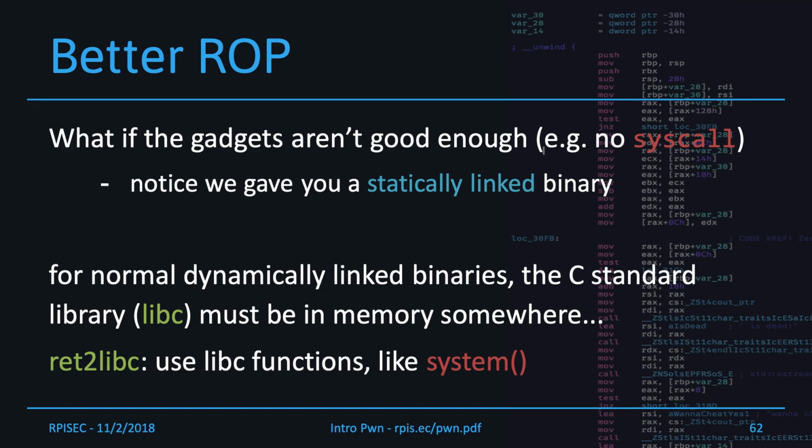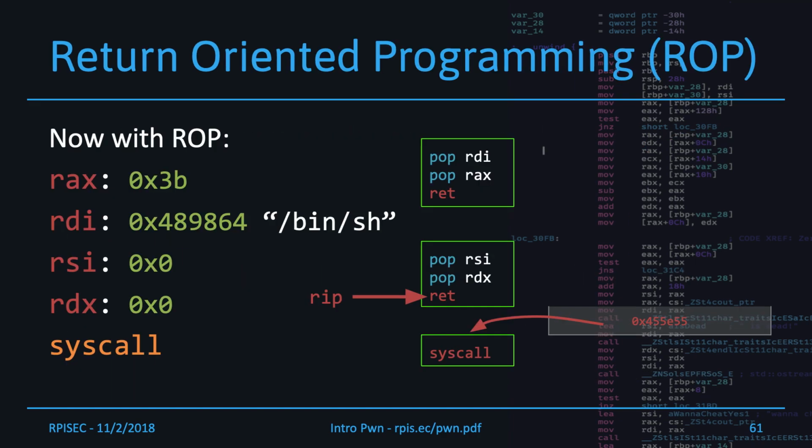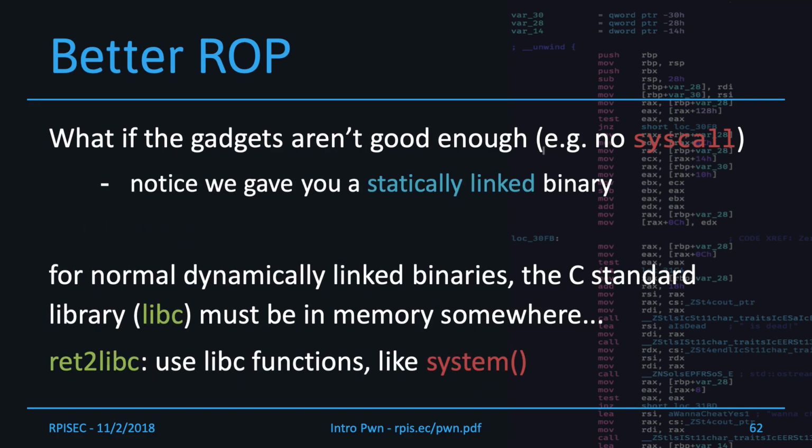If you wanted to do execv, there's a system function in libc that just takes in a string, your first argument in RDI, /bin/sh, and it will fill up the other two registers with 0, and it will do the syscall. So a lot of times you can just literally return right to the beginning of those functions, as opposed to writing a longer ROP chain to fill the registers and do the syscall manually.